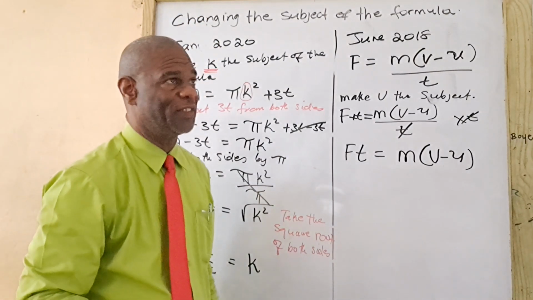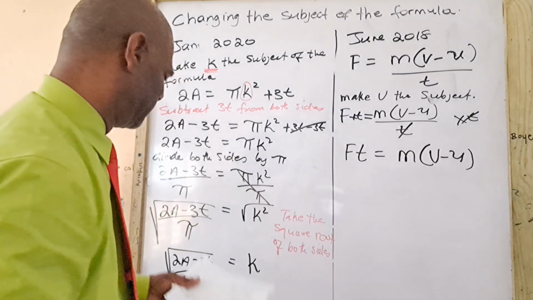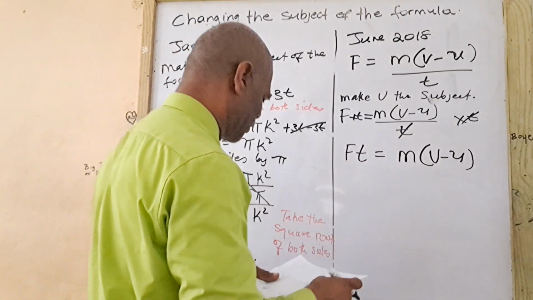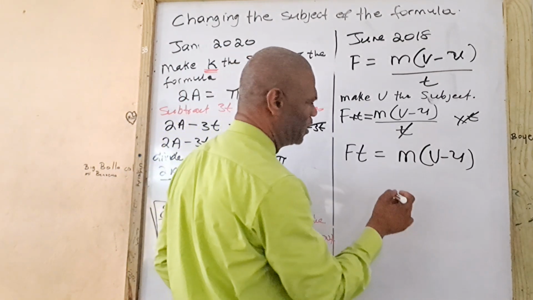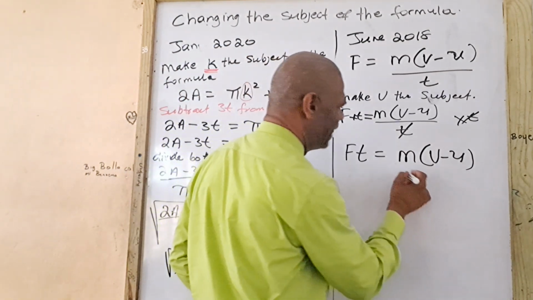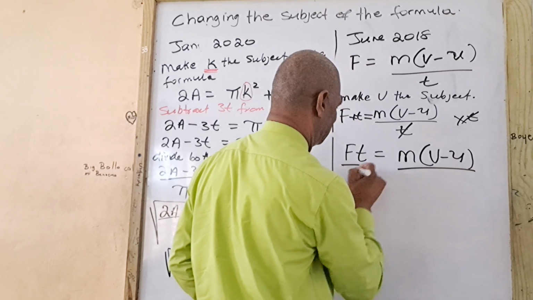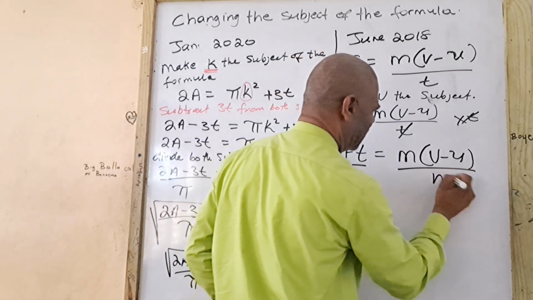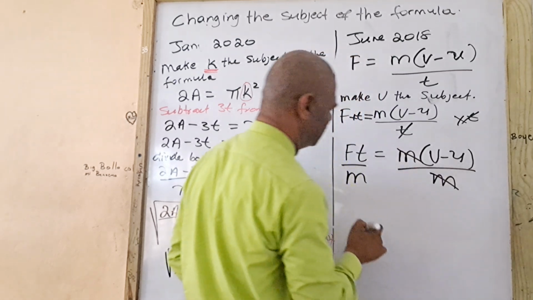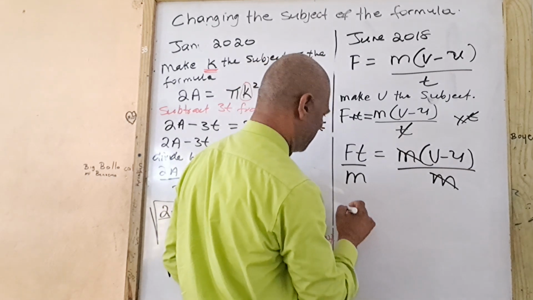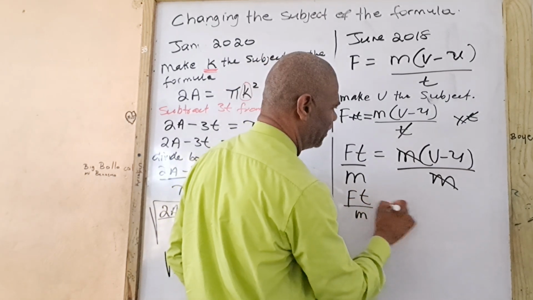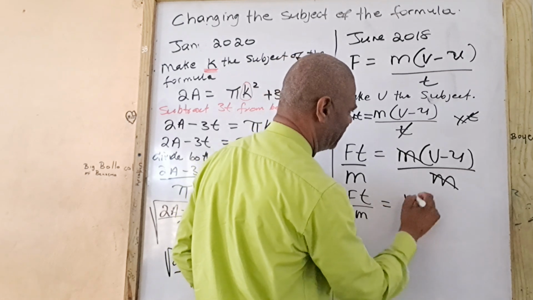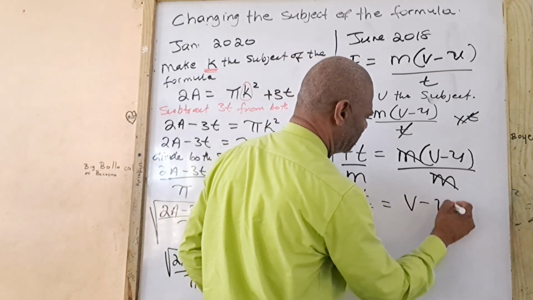The n. So to get rid of the n, we divide both sides of the equation by n. n cancels. So we now have ft over n equals v minus u.